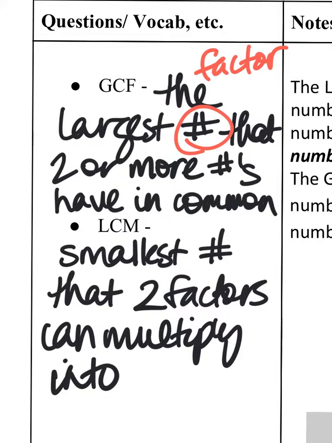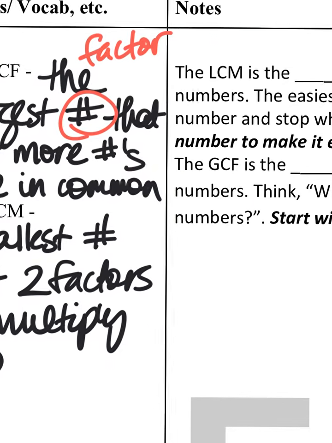Traditionally, a lot of people have a hard time keeping these two things straight, greatest common factor and least common multiple. For our purposes, I want you to not worry so much about whether it's the least or the greatest. Figure out a common factor and a common multiple, and we can work with it from there. So if you don't initially get the greatest or the least right off the bat, it's okay. We're going to work with that.